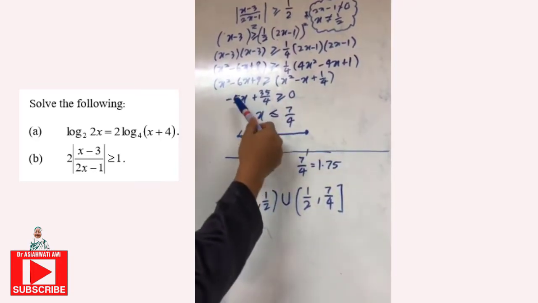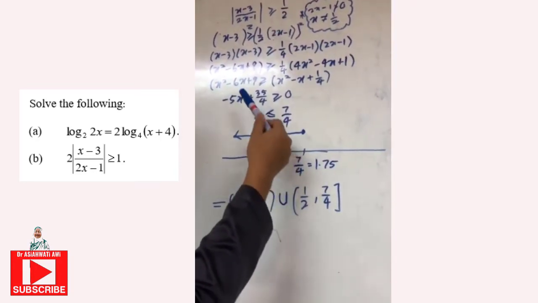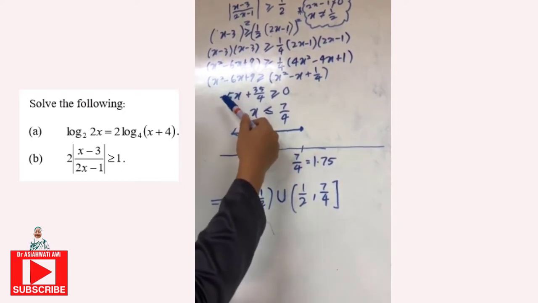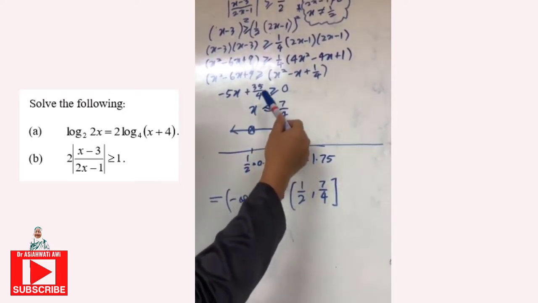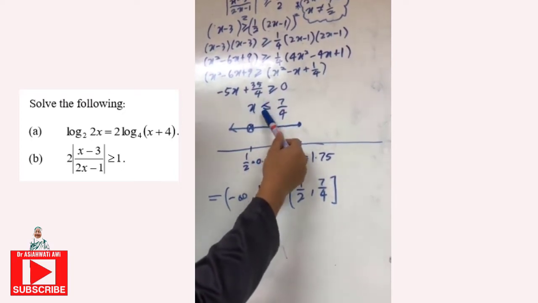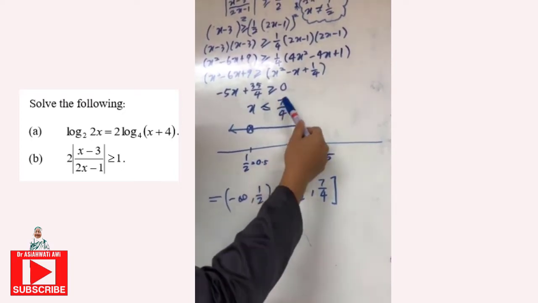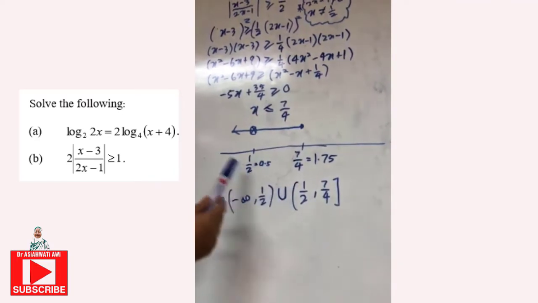And because we divide with the negative value, the sign we change to less than or equal to 7 over 4, and we draw the number line.